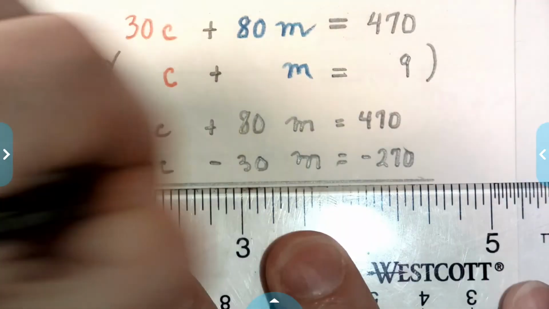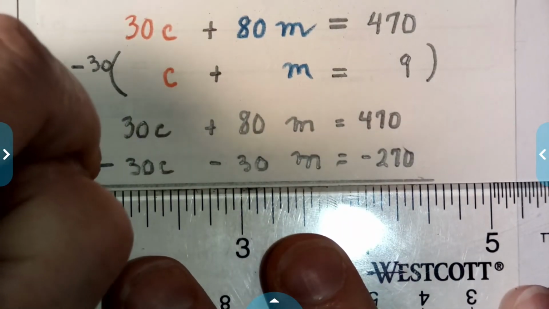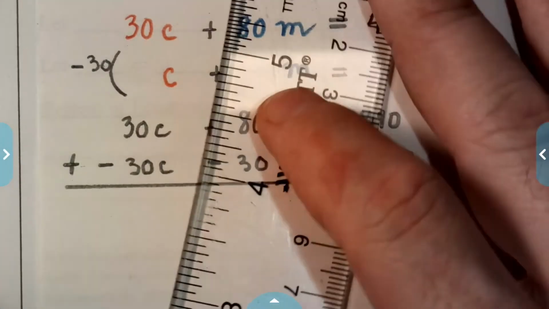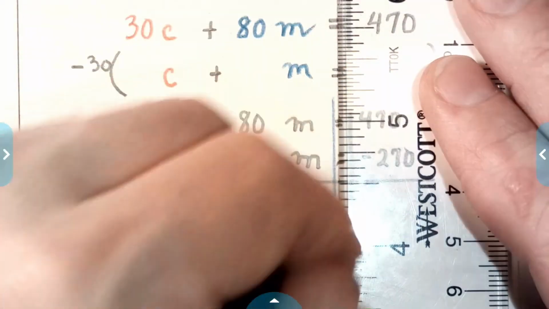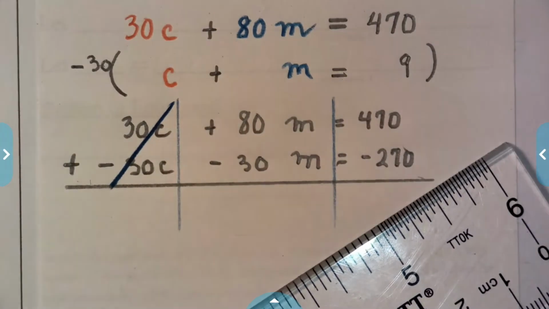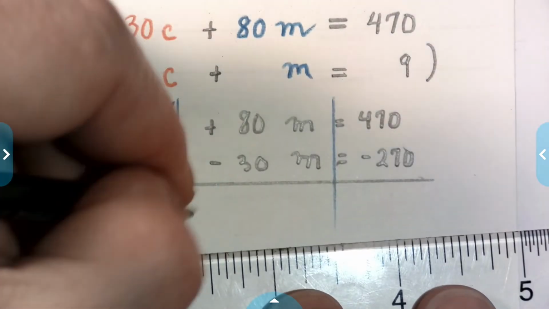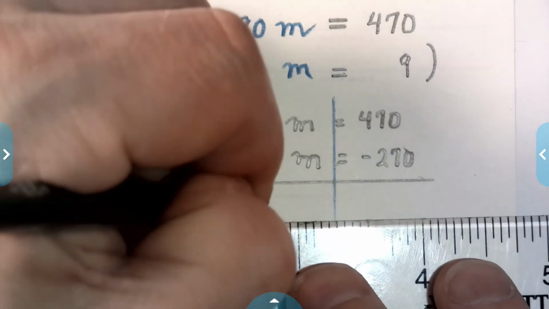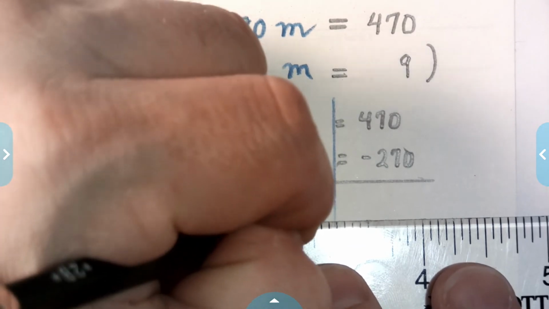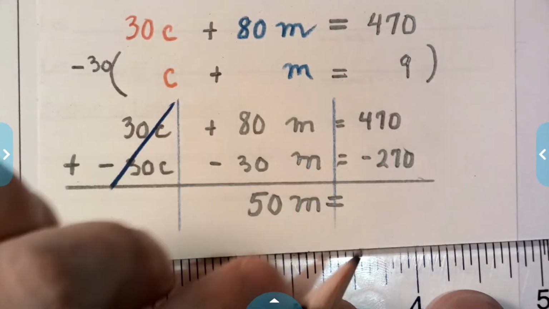And now we can eliminate by addition. Again, if this helps you, break it into columns like that. And these cancel out. So I've got 80 minus 30, that's going to be 50M equals, and then 470 minus 270 is just 200.